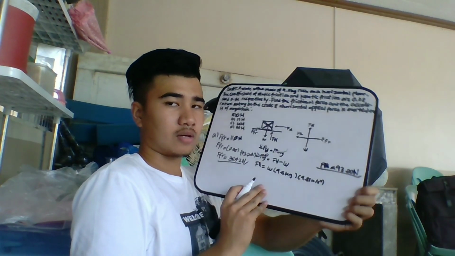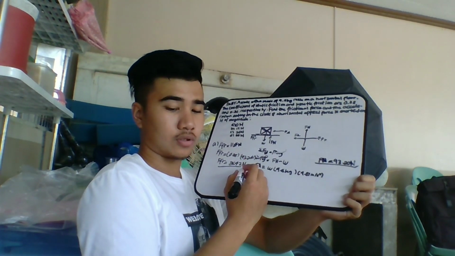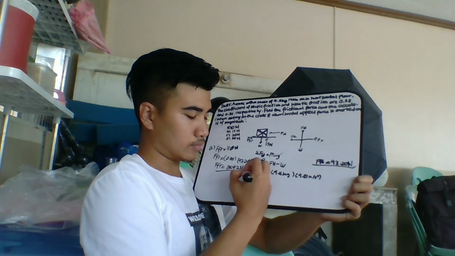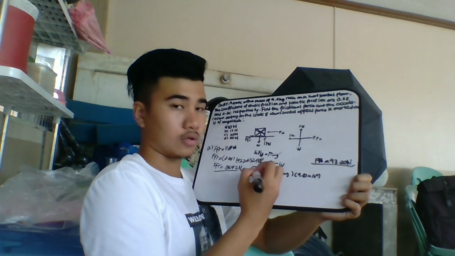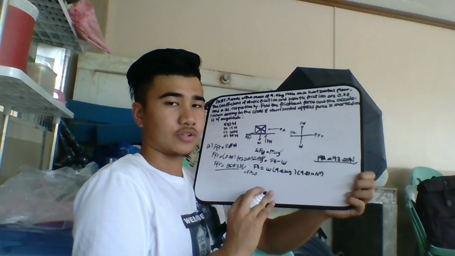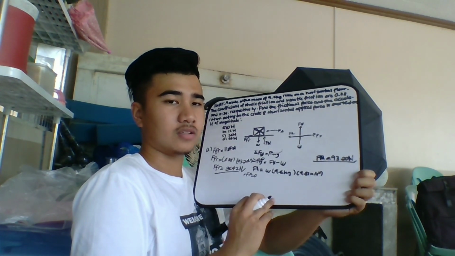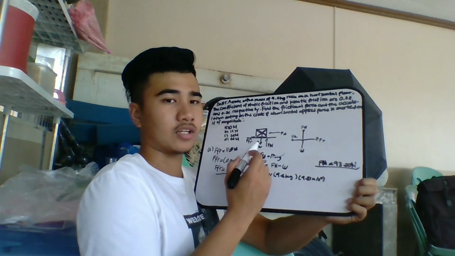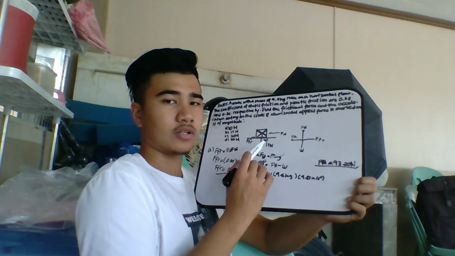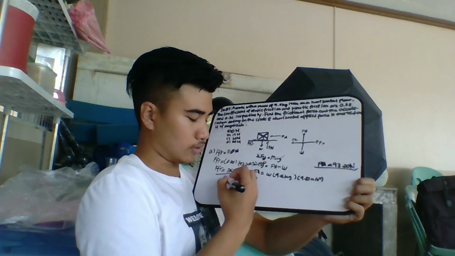For letter A, ang applied force natin is 0 Newton. Mas malaki yung frictional force by static, ibig sabihin, hindi niya gagalawin yung ating crate. It will not move, therefore, the acceleration is 0.